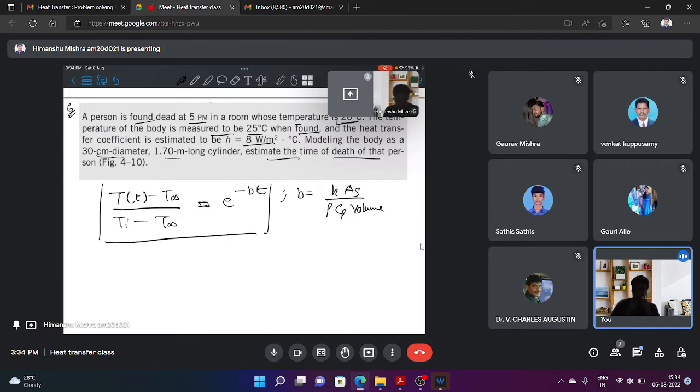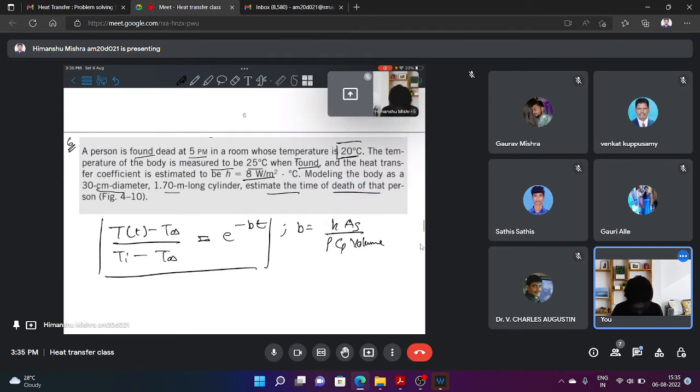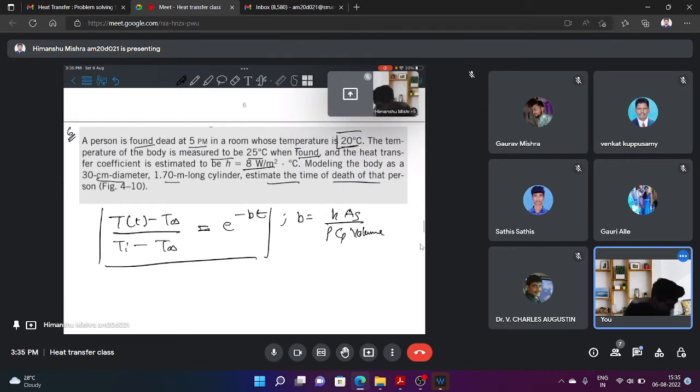As I said earlier, before we use this lumped heat transfer analysis, we need to make a very solid assumption, that the conduction inside the body should be uniform, or the thermal conductivity should be very high. Now we have been given h. Let's say the thermal conductivity of the body is given as 0.617 watt per meter degree Celsius.